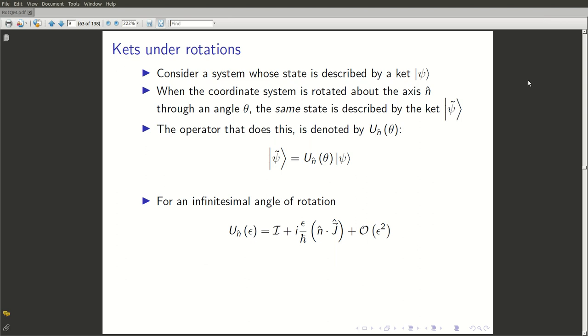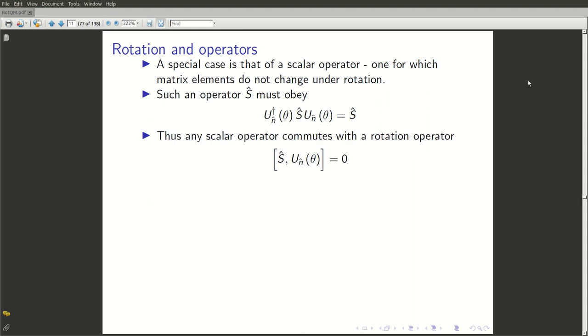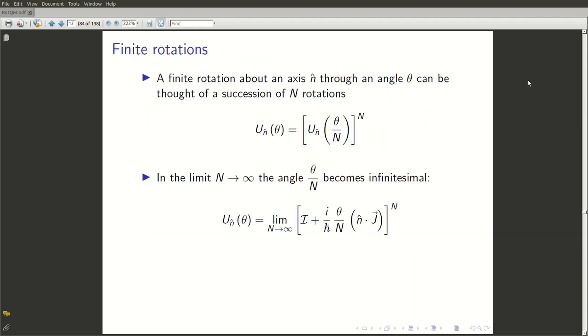So coming back from that mathematical interlude, the limit n goes to infinity of this is nothing but the exponential operator, exponential of i theta by h cross n hat dot J. So we should be able to figure out what a rotation operator is if I knew what the J operators are.